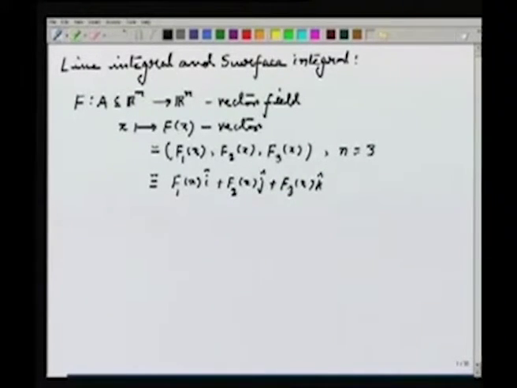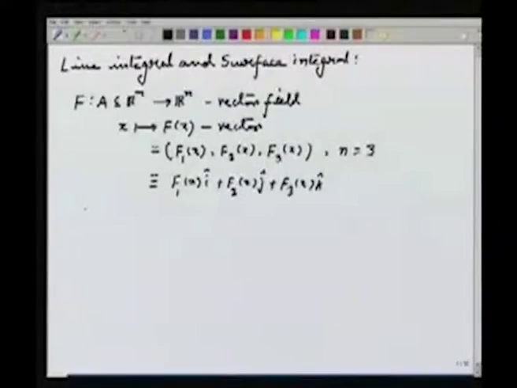Now these are called the vector fields in space because n equals 3. Accordingly, we can define vector fields on the plane also, that is the case n equals 2. Now in whatever I am going to do, I will assume that capital F is a continuous function.